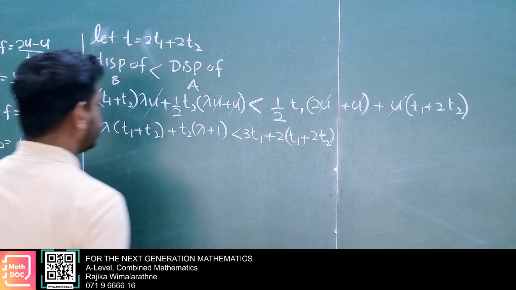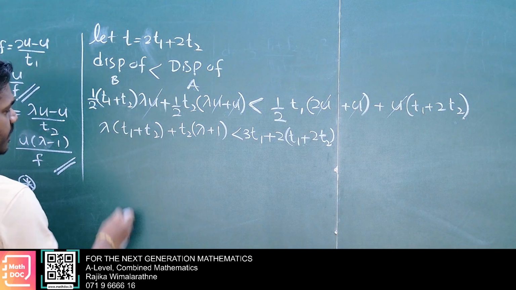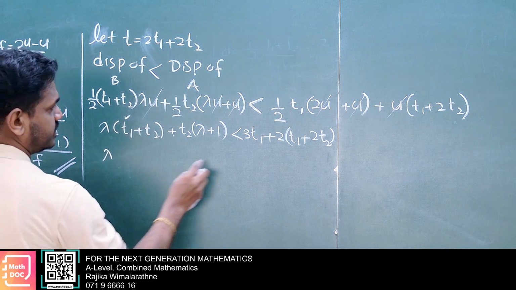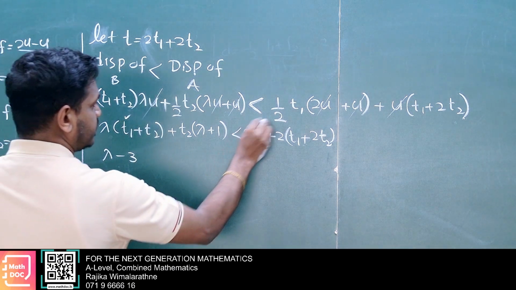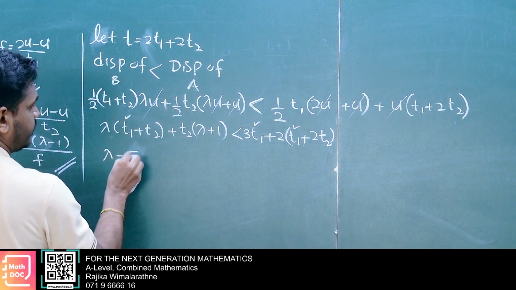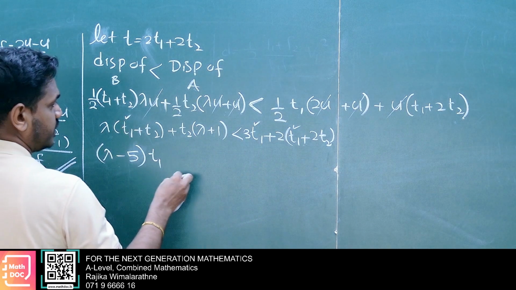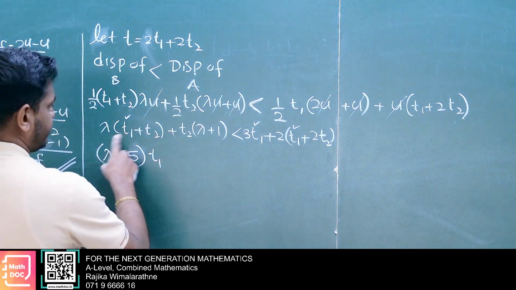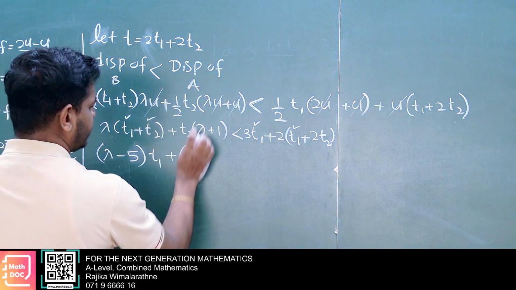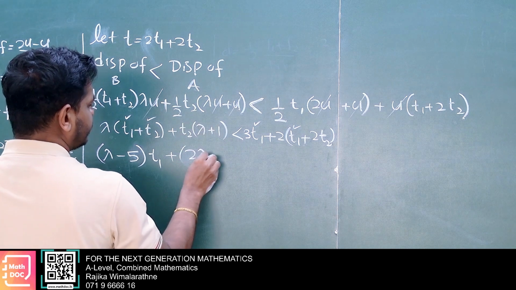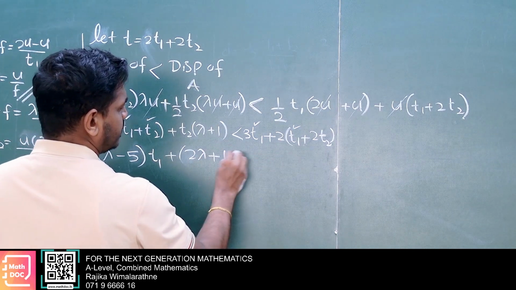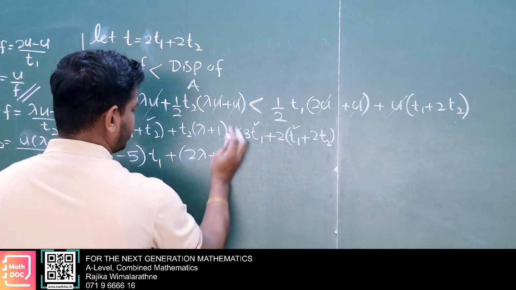Now get the same type of terms together: lambda T1 minus 3T1 minus 2, 5 T1, then lambda T2, 2 lambda T2 plus 1 minus 4T2.